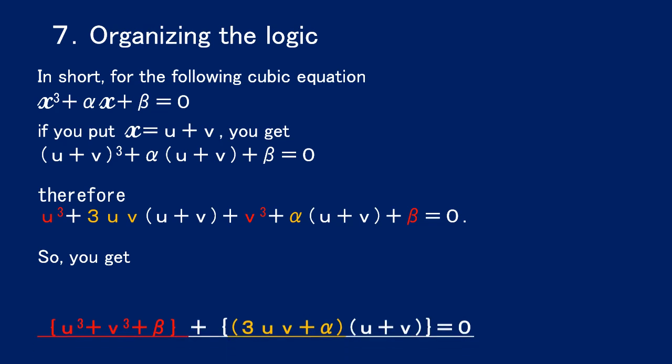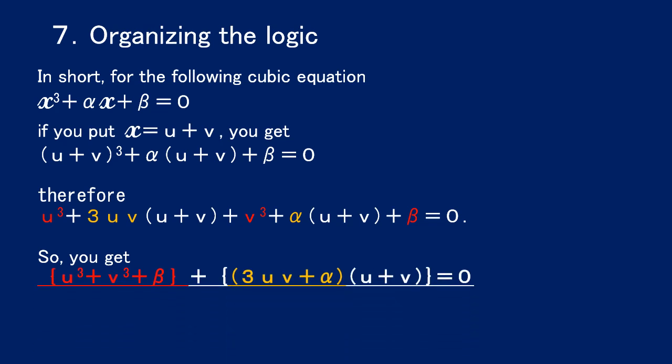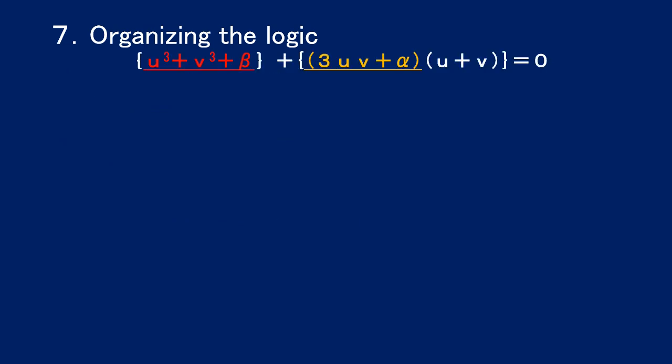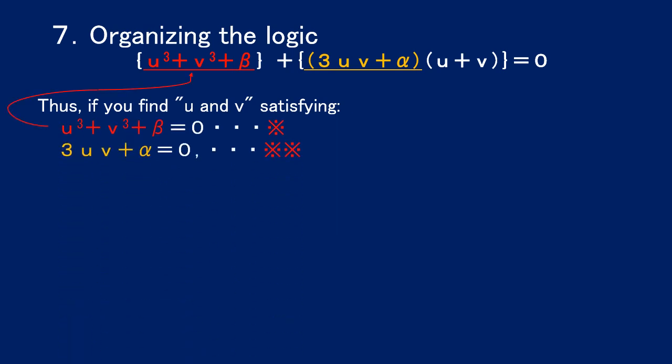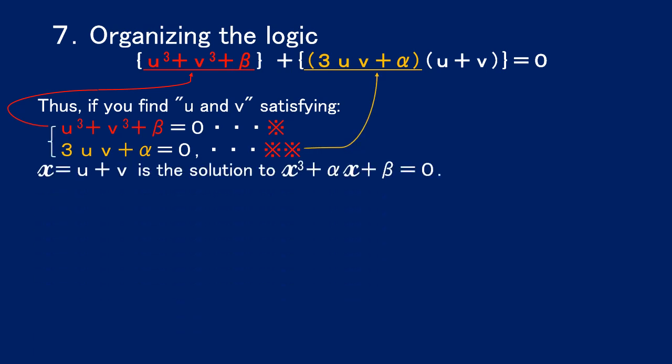So, you get u cubed plus v cubed plus beta plus (3uv plus alpha)(u plus v) equals 0. Thus, if you find u and v satisfying u cubed plus v cubed plus beta equals 0 (star) and 3uv plus alpha equals 0 (star star), then x equals u plus v is the solution to x cubed plus alpha x plus beta equals 0.